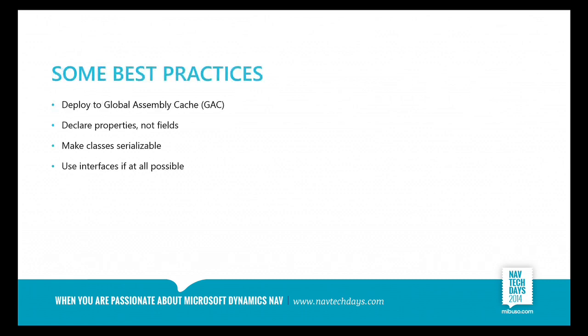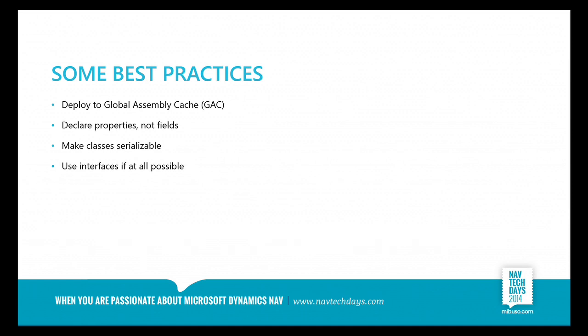Now, some best practices that I'm going to give to you. I'm not going to teach you today how to create or how to develop in C# or how to develop your assemblies. I will assume that you know enough of .NET or C# to just go there and write some code that you need to have executed from within C/AL. I'm going to talk about deploying assemblies to the global assembly cache and the benefits of that approach.